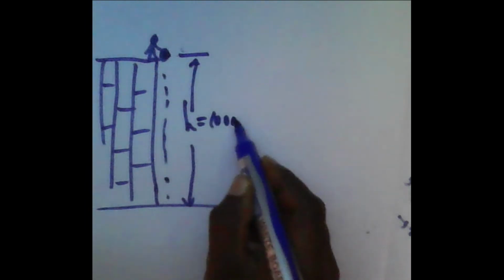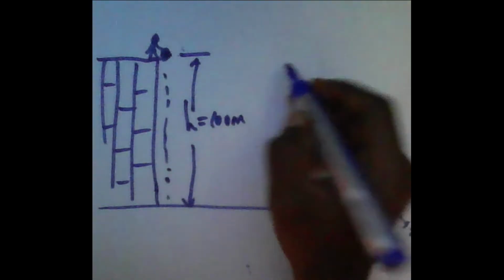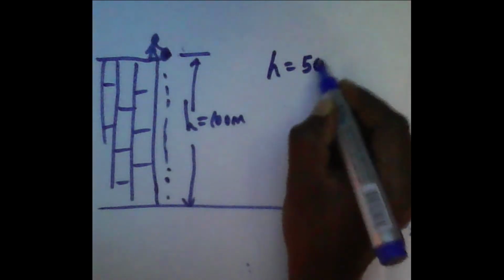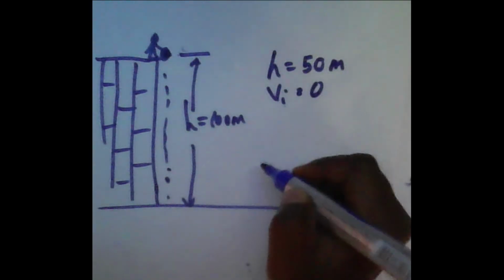Let's say the height of the building is 100 meter, and the ball is going downward. So you may ask the velocity of this ball at 50 meters. So h is equal to, let's say, 50 meter, and the v initial is already known, which is 0.